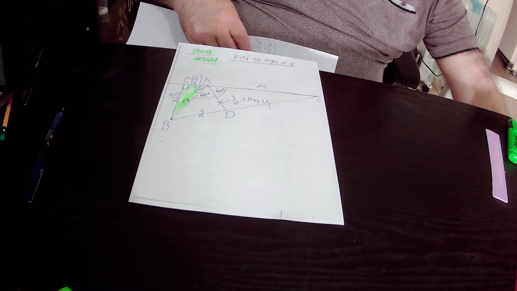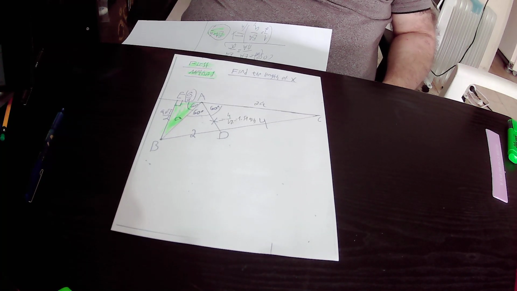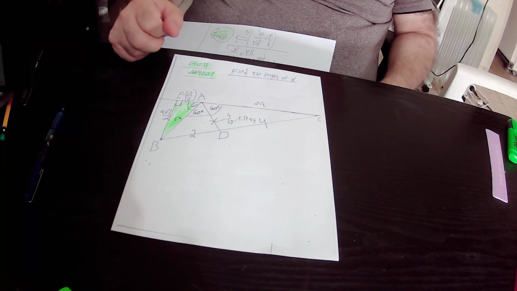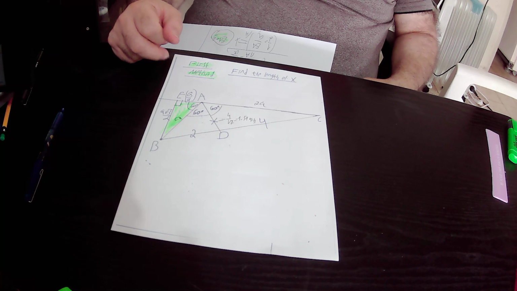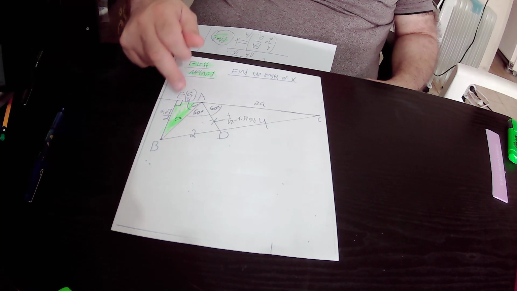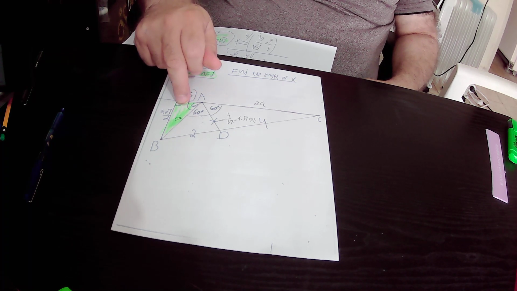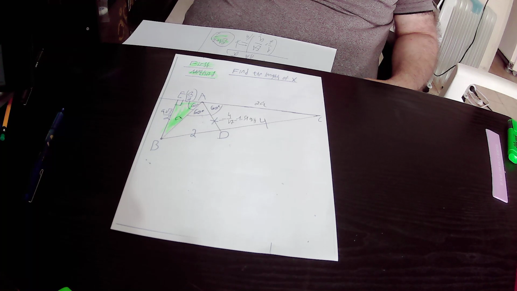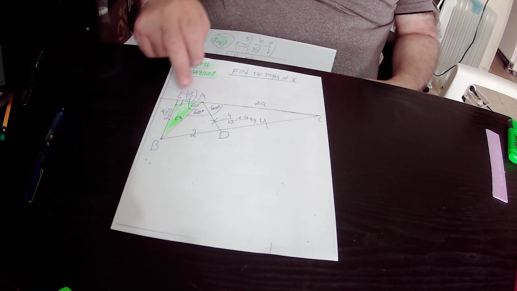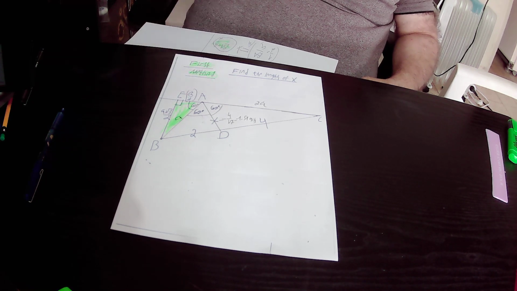Then we did a construction. We extended side CA by a straight line, and from point B we raised a perpendicular to the extended CA. So this angle equals 90 degrees according to our construction. I repeat again that angle BEA equals 90 degrees according to our construction.